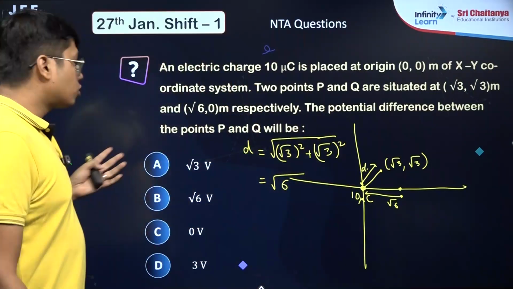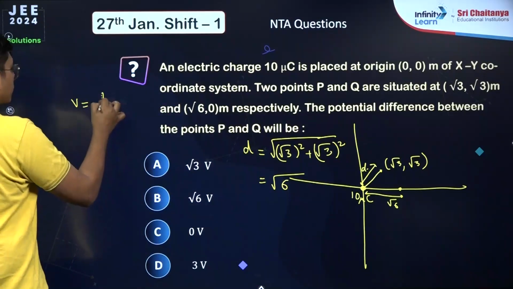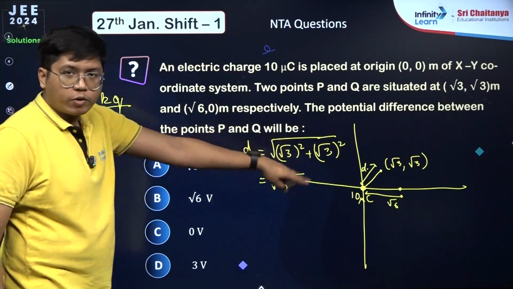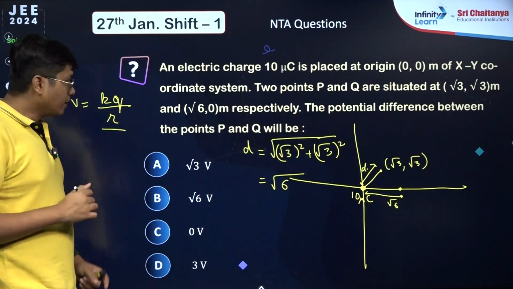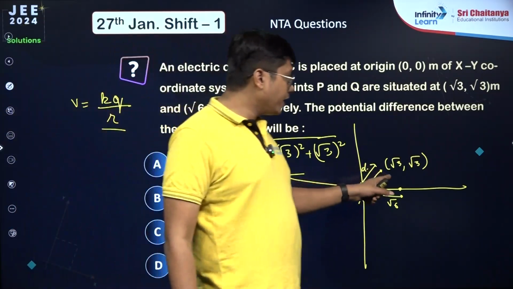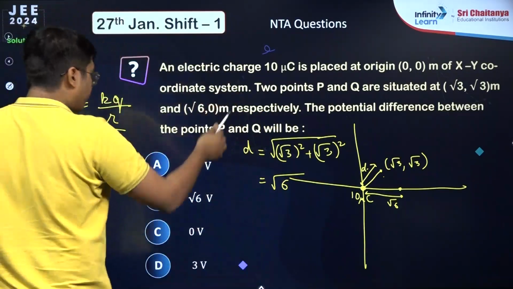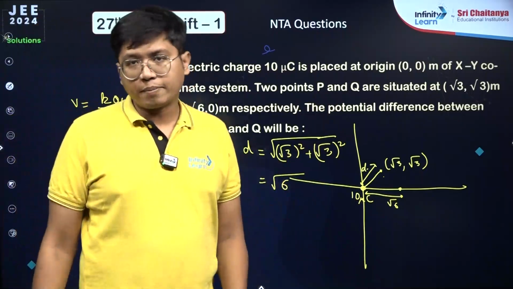You don't even need to solve after that, because the formula for potential is kq by r. The charge causing the potential is the same for both points, and if r is also the same, the potential at both P and Q will be the same. That tells you the potential difference between them is going to be 0 volts.